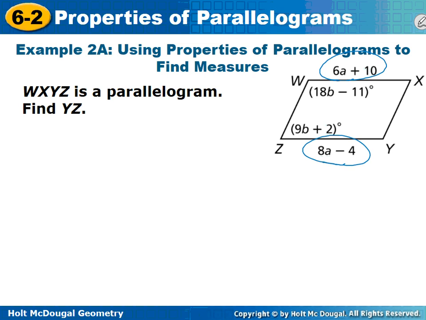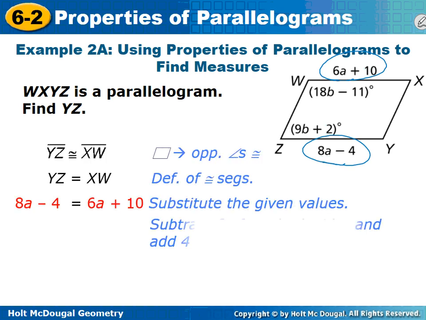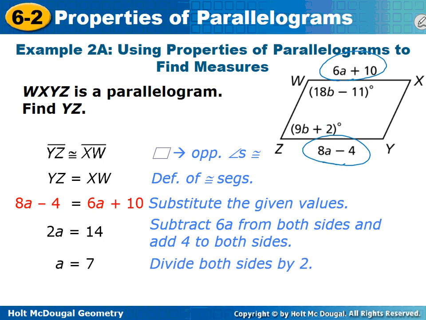When you substituted it in, what did you get for YZ? 44? 52? Let's check. So A should have been 7, and it should have been 52 when you plugged it back in. Questions on that one? Are we good with those who got 44?